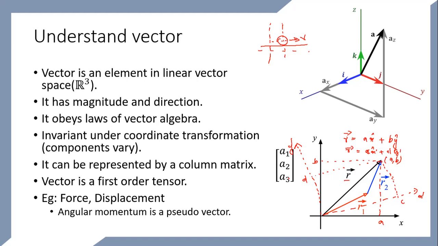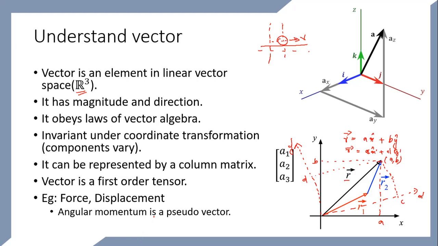So displacement is represented in the normal R3 space as we see. Here R represents the real vector space, and R3 represents the real vector space of dimension 3. This is the vector space we usually use. We go for R4 space in the case of relativity. We'll come to that.